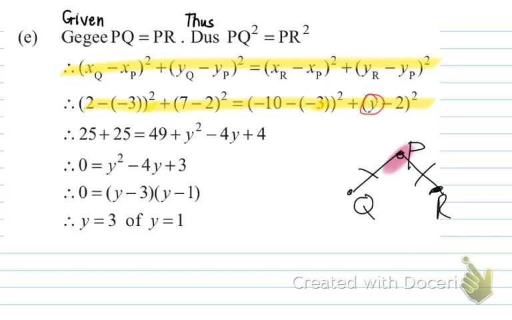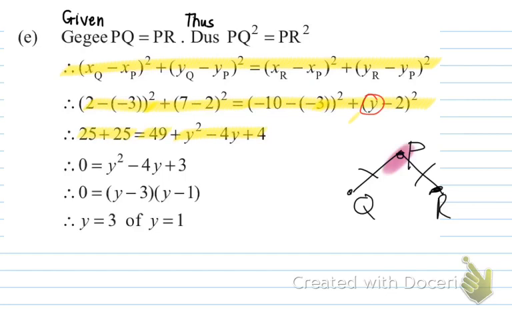Now on the left hand side I'll get 25 plus 25, and on the right hand side I have 10 minus negative 3, which is 7, squared gives me 49. And then I do the FOIL rule. (y minus 2) times (y minus 2) gives me y squared minus 4y plus 4.